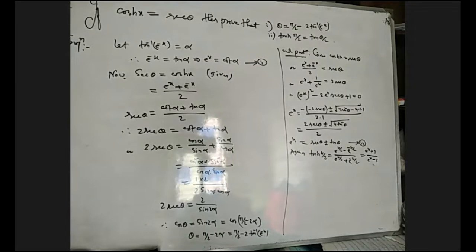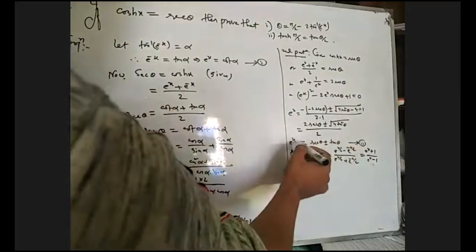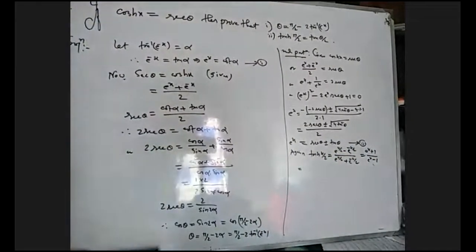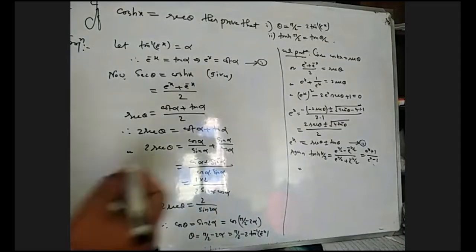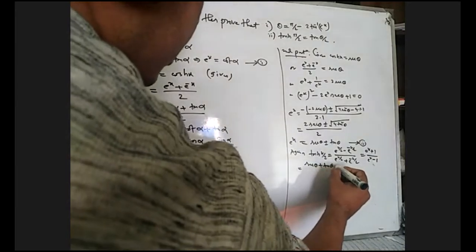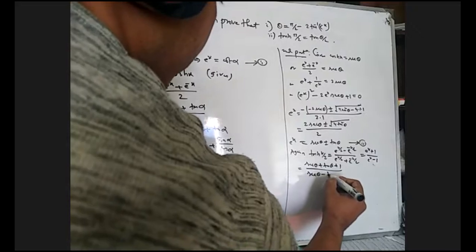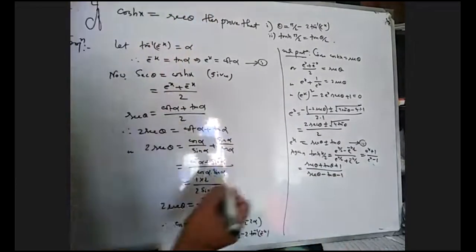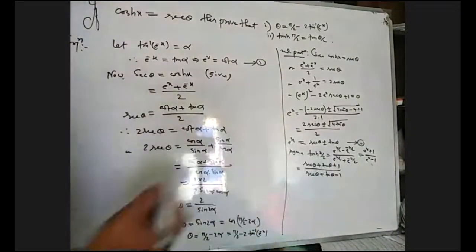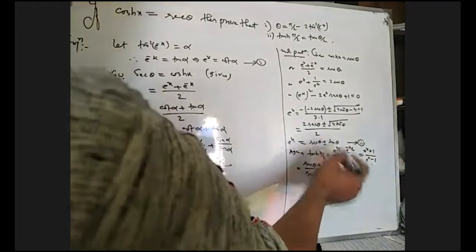Now putting the value of e to the power x from this equation, sec theta plus tan theta, we get sec theta plus tan theta minus 1 divided by sec theta plus tan theta plus 1, taking the positive sign.